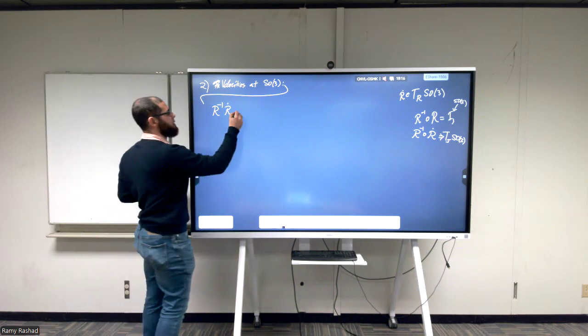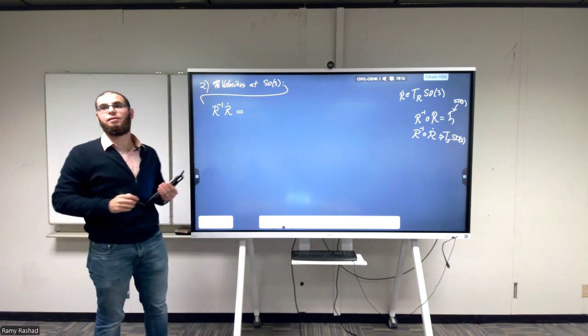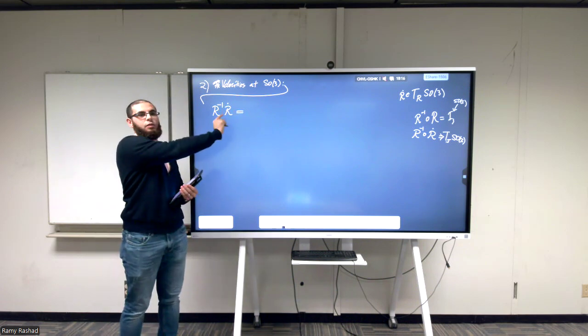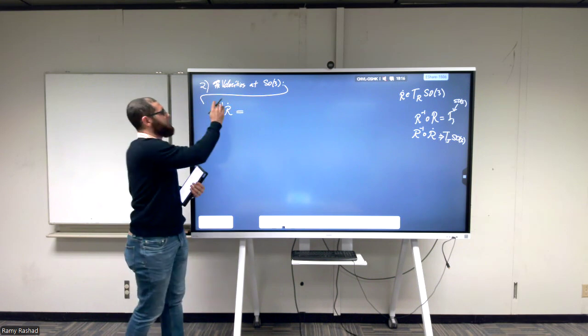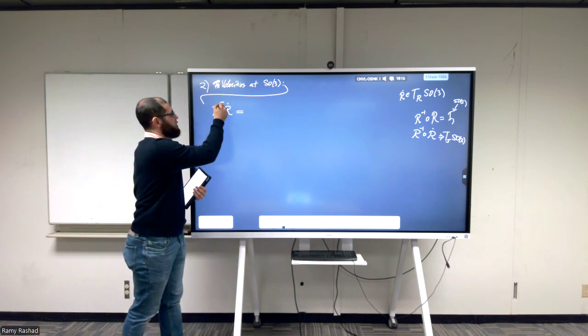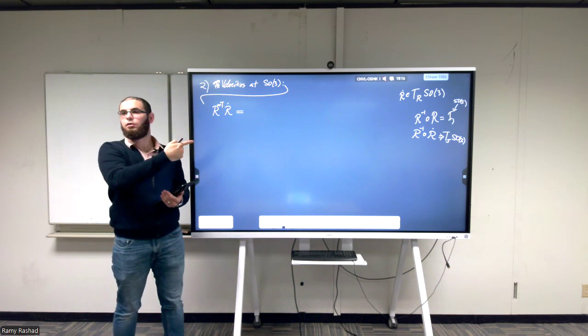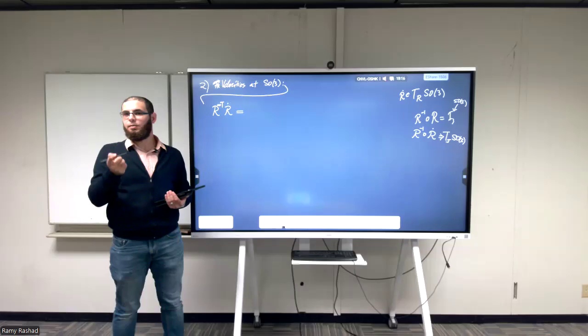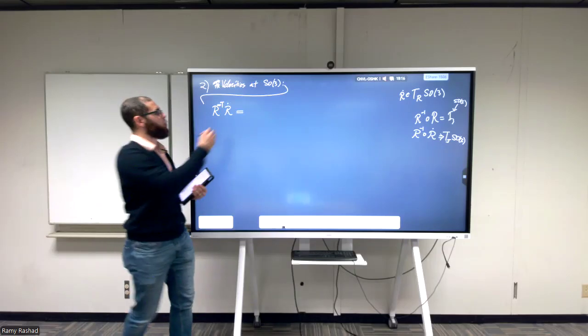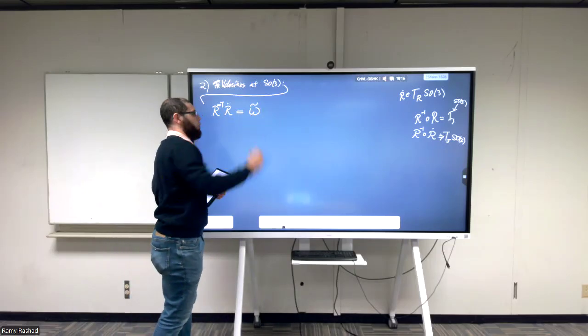Mathematically, this will give us a skew-symmetric matrix. If we go back to the condition that we had, of course, R inverse is simply R transpose. So let's just use the transpose. R transpose multiplied by R dot has to be a skew-symmetric matrix from what I showed you earlier, and this will be equal to the omega we're talking about.